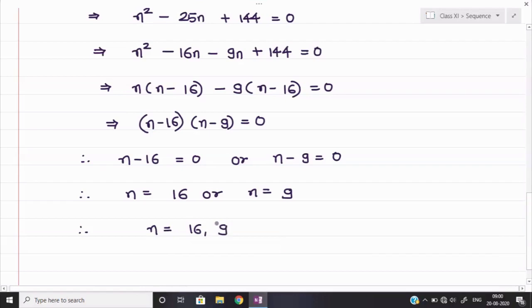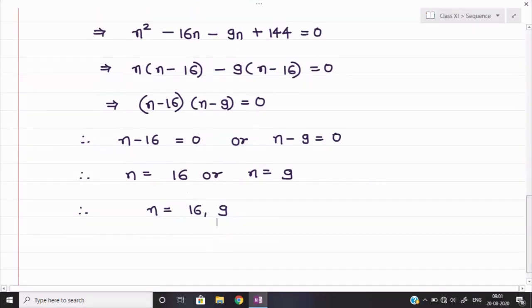In one question we have seen both values were applicable, but here it may not be possible because the number of angles in a polygon is a unique quantity. We cannot say that in the polygon there will be 10 angles and also 15 angles. That is not possible. So definitely only one value is acceptable.